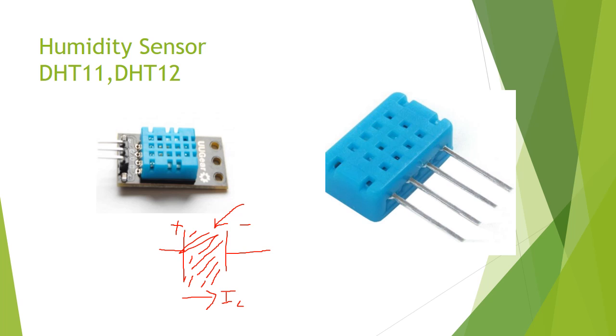That capacitive voltage can be measured or sensed, and sent to the microcontroller through the data pin. And as you can see here, this is one of your capacitive sensors.